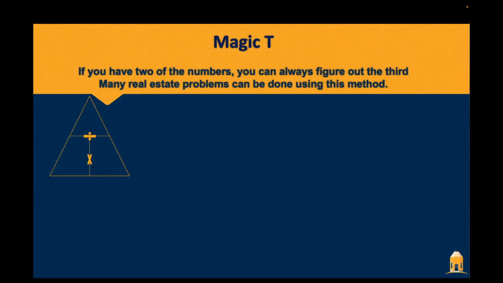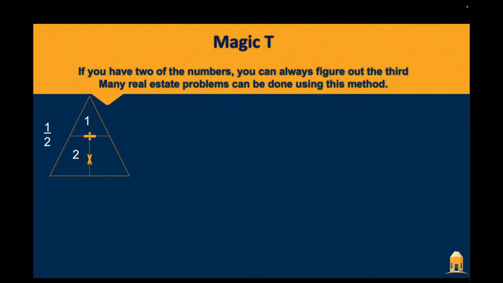So the T I have here on the board, some of your instructors may use a triangle instead. You notice that the T here is inside the triangle, so it's the exact same thing. The important thing here is that if you have two numbers, the top and the bottom, that is the same as saying 1/2.